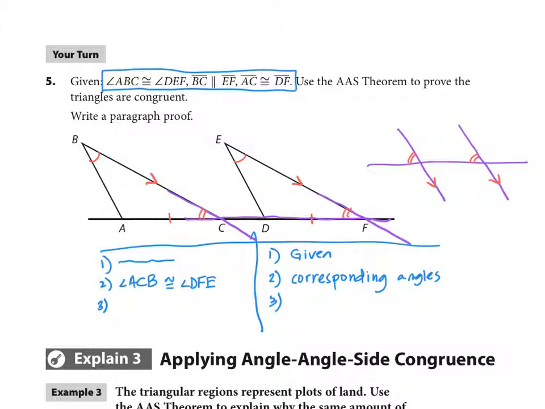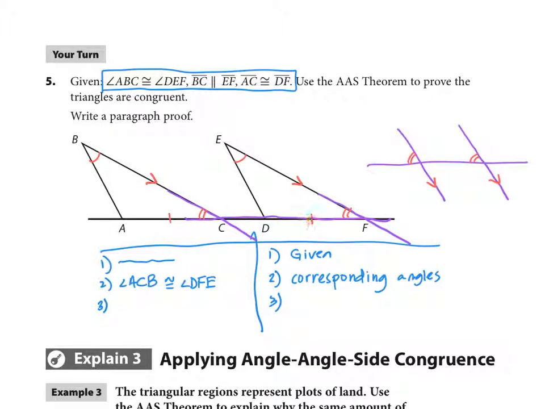We have the angle here at point B, the angle here at point C, and then we have this side AC. Now, keep in mind, AC is not included in between this angle and this angle. It's non-included, and that's what allows us to use AAS. Same thing on the right triangle. We have these two angles.